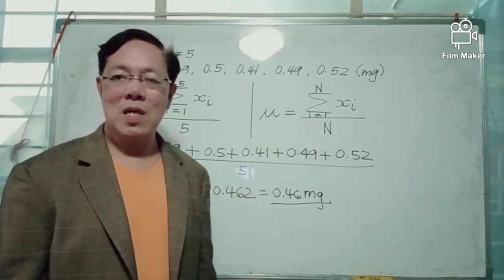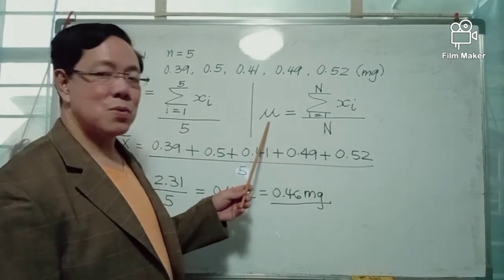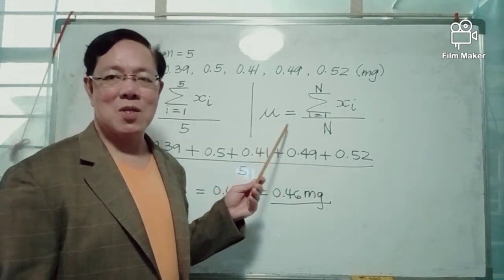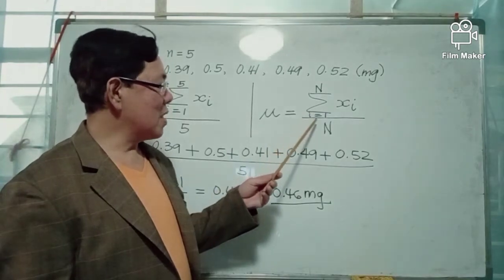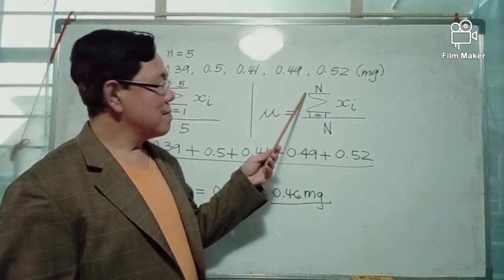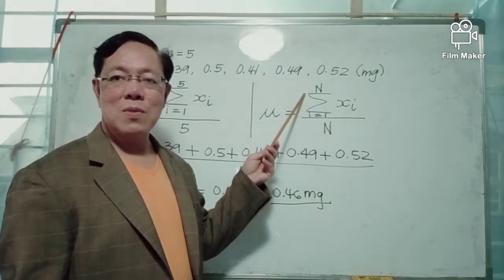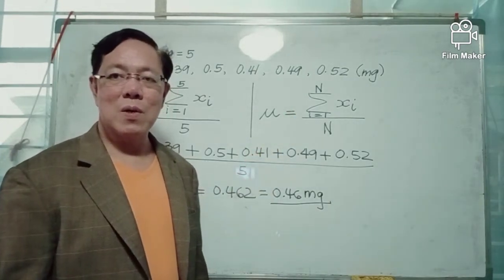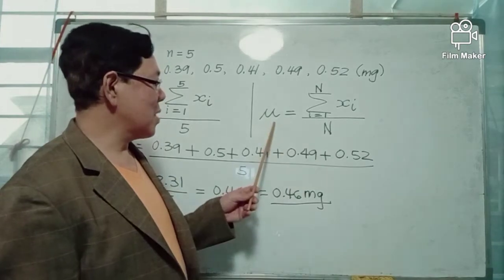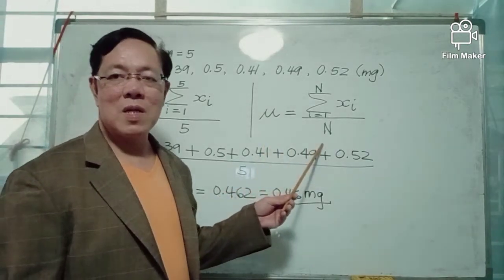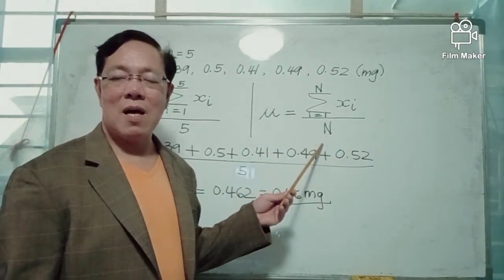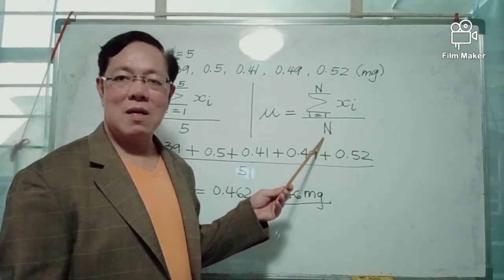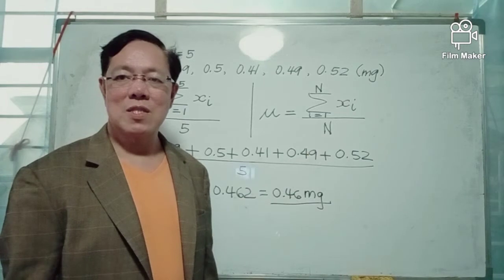If you are calculating the population mean, you should use the Greek letter mu to denote the population mean. And in the formula, the person who is checking your answer will know that you are calculating your population mean, because in the formula you make use of capital N as the divisor, which represents the population size.